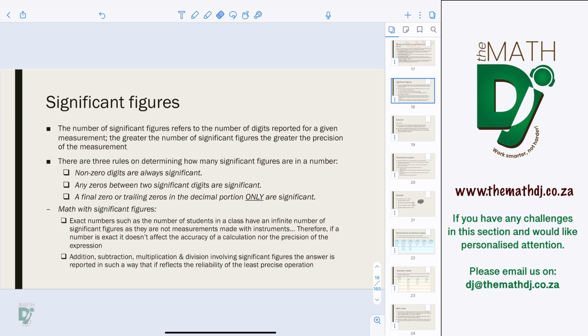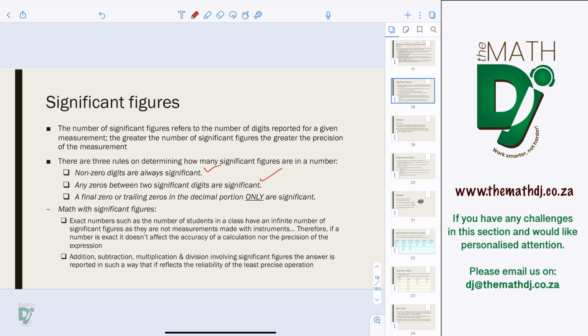Non-zero digits are always significant. Any zeros between 2 significant figures are significant. Any final zero or trailing zeros in the decimal portion only are significant.